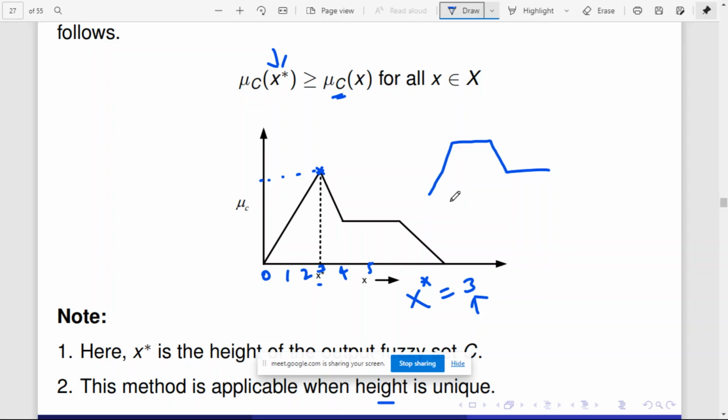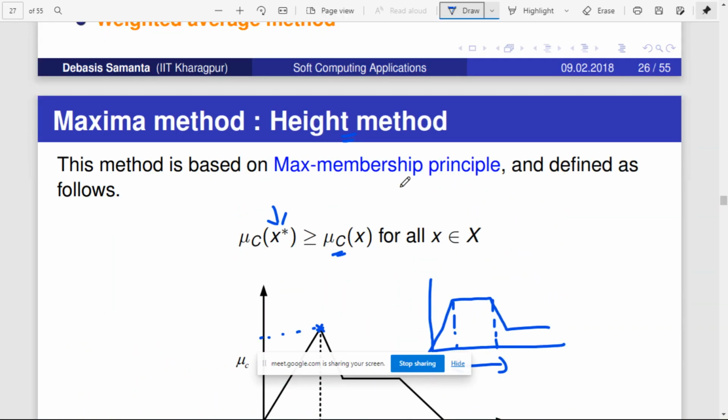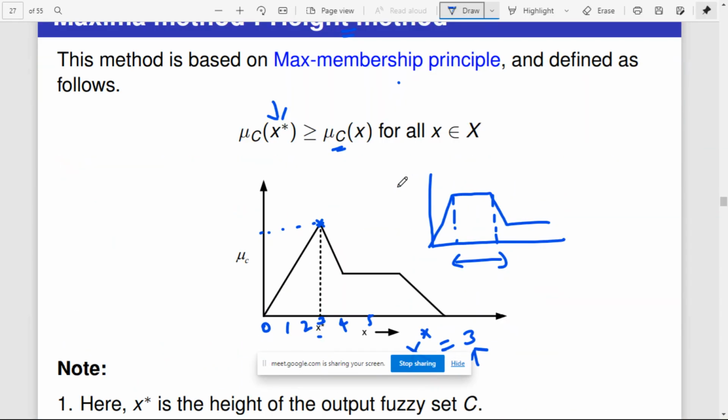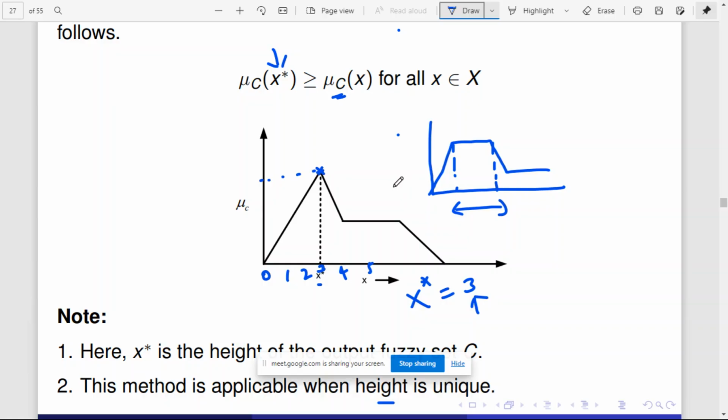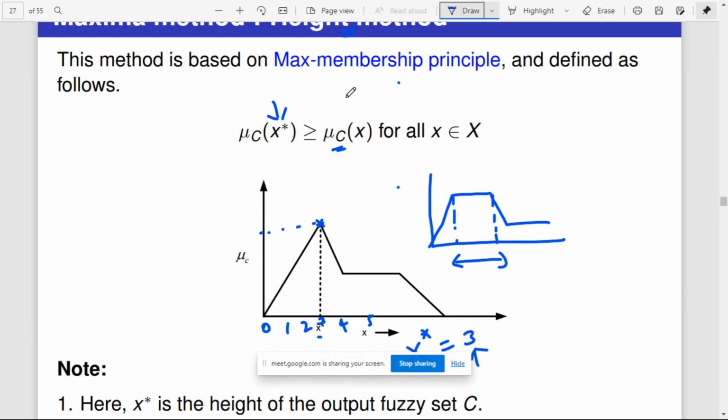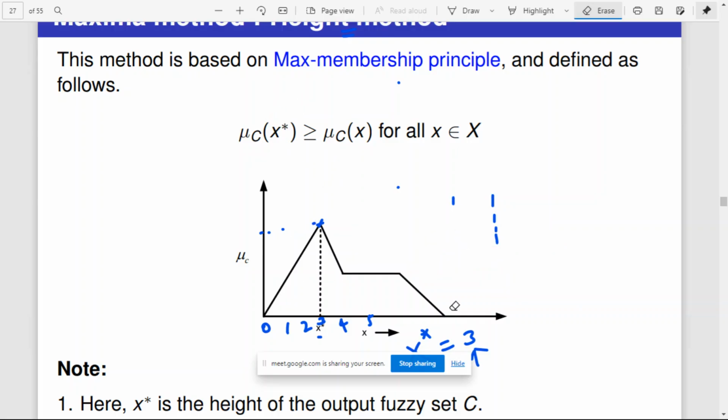Between these ranges, all the x values will get the highest value, so in that case this method cannot be applied. So this technique is called the height method, and it can be applied only if there is only one peak point. I guess you are following. I will give one example for this.